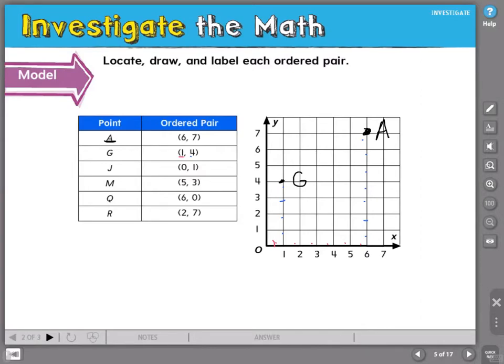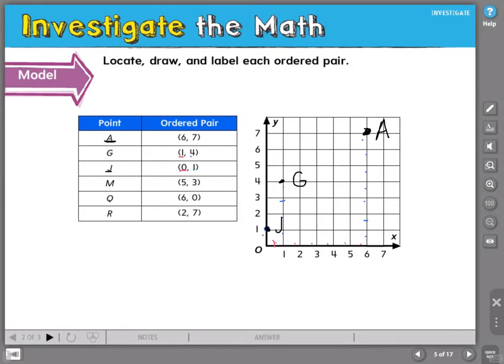Now let's move on to the next point, J. J has an ordered pair with a 0 in it. That means I will not move at all along the x-axis. I will just start at the origin and move up 1 on the y-axis.